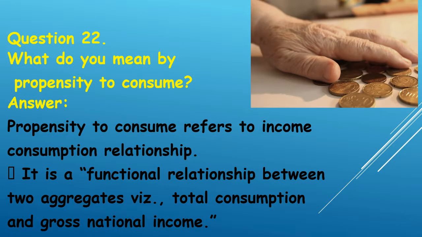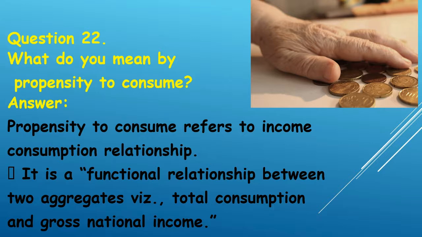Let's discuss the next question. What do you mean by propensity to consume? Propensity is nothing but the level of proportion. Propensity to consume refers to the income consumption relationship.